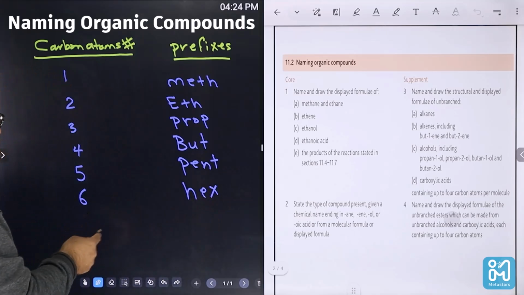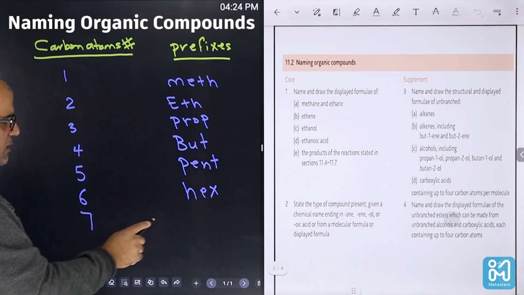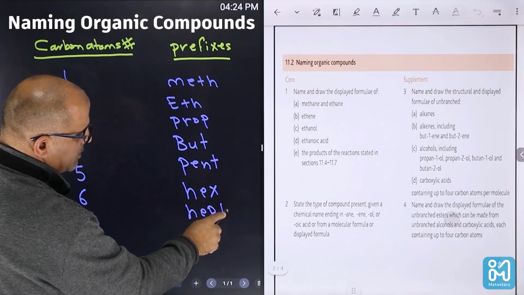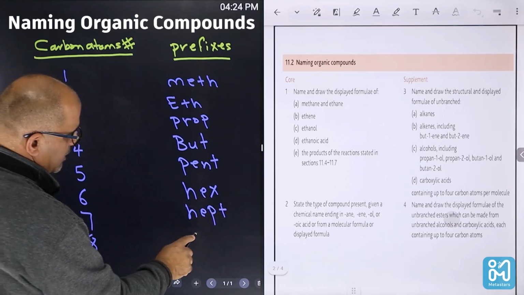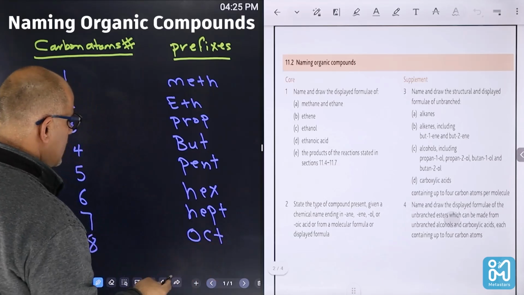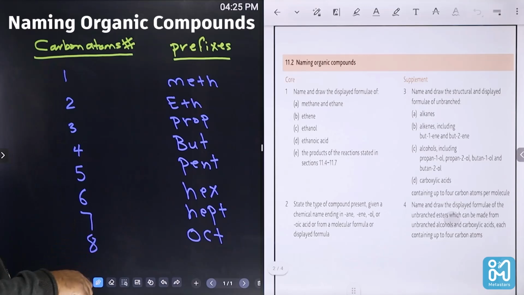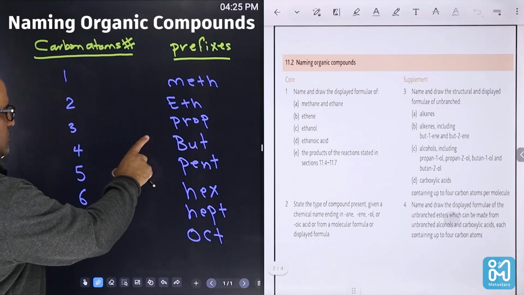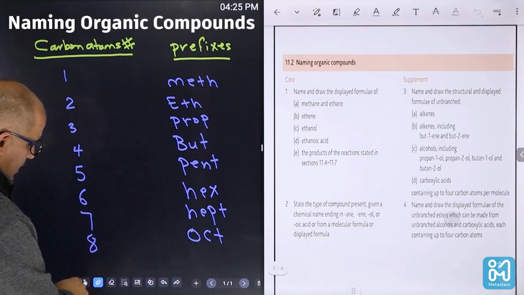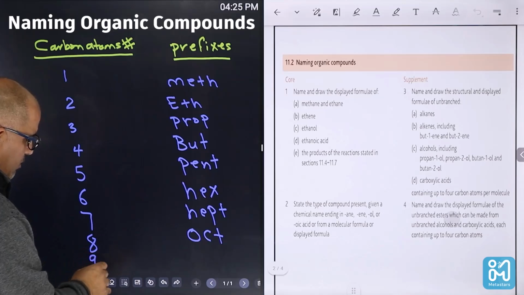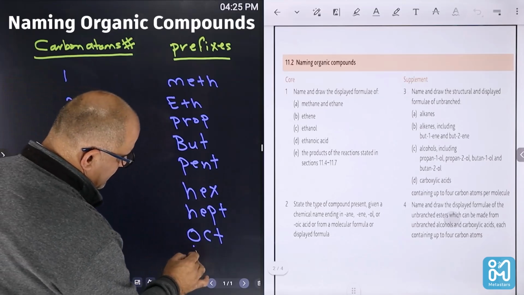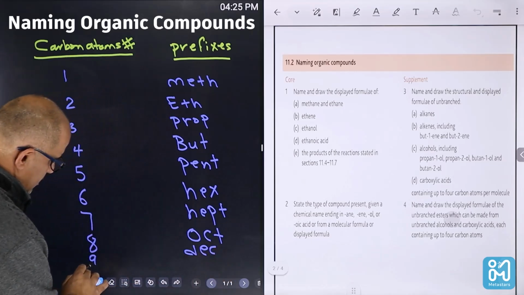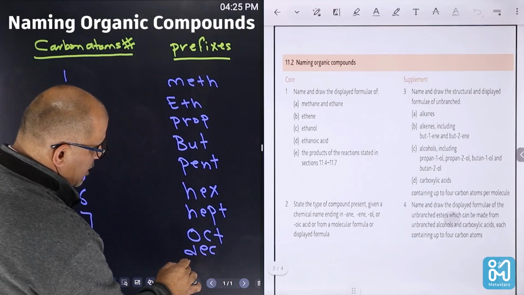Seven carbons gives you hept, and eight carbons, oct. Nine is non and ten is dec. So like that we can use more than eight.